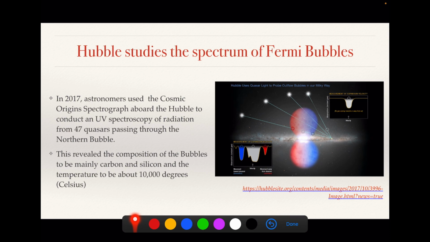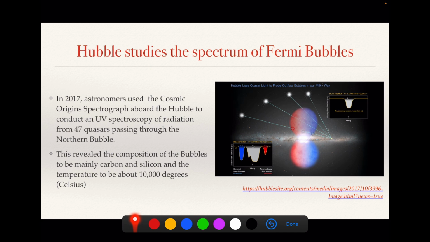This was controlled by observing several other quasars that did not pass through the Fermi bubbles, and it was found that only the quasars whose radiation passed through the Fermi bubbles showed a significant blue shift, whereas the quasars whose radiation did not pass through the Fermi bubbles did not show a blue shift.